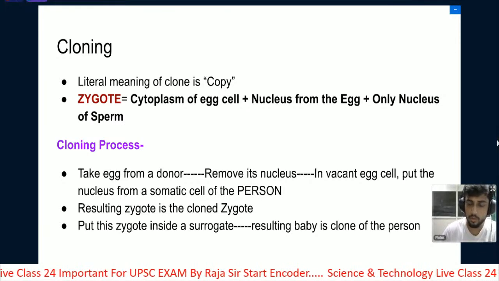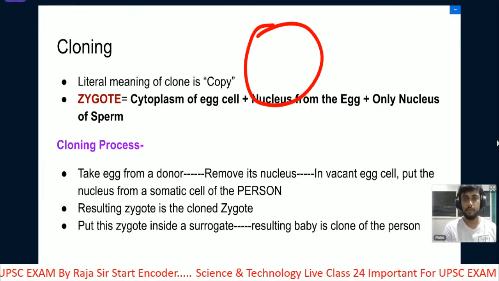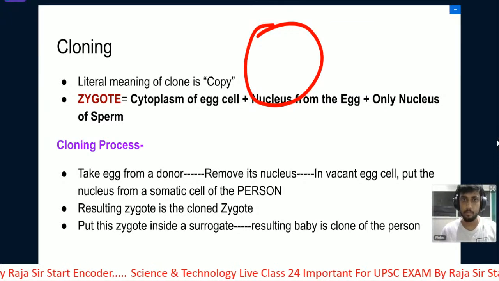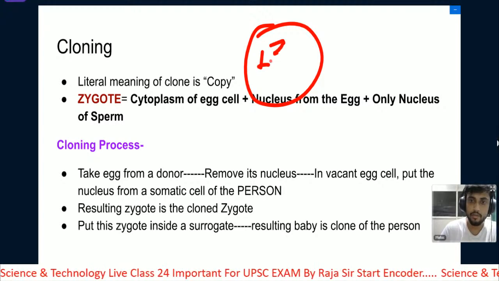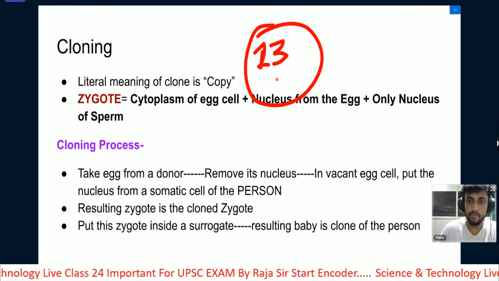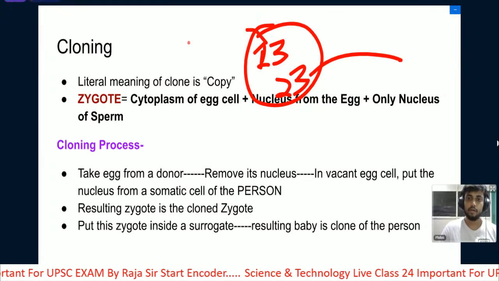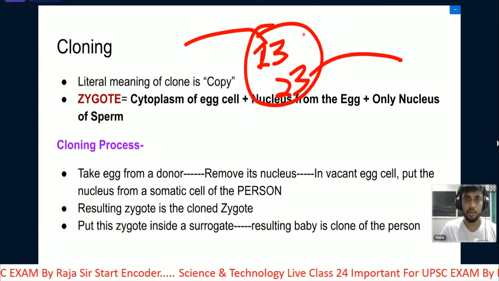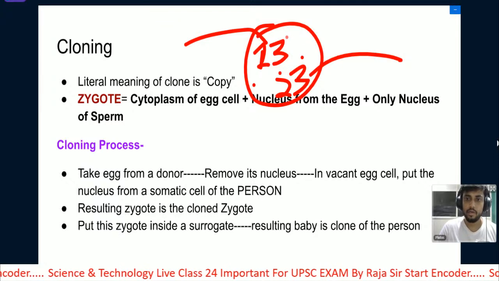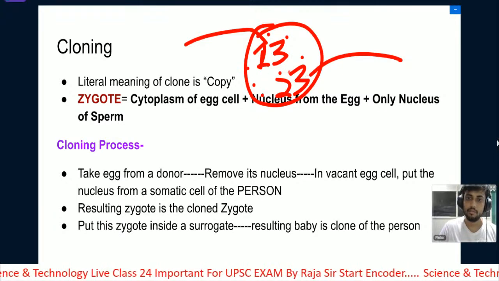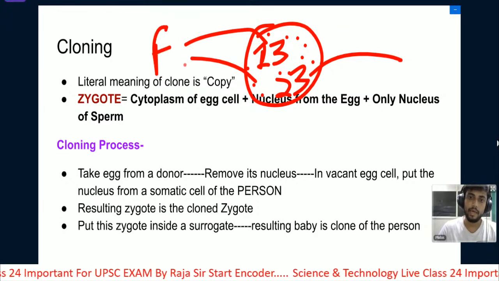After the zygote is formed by the fusion of the female egg cell and the male sperm cell, in the zygote we have 23 chromosomes from the female egg and 23 chromosomes from the male sperm. The cellular structure and the cellular fluid, this cytoplasm, belong to the female egg.